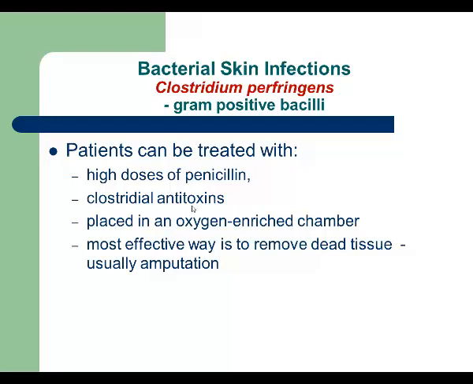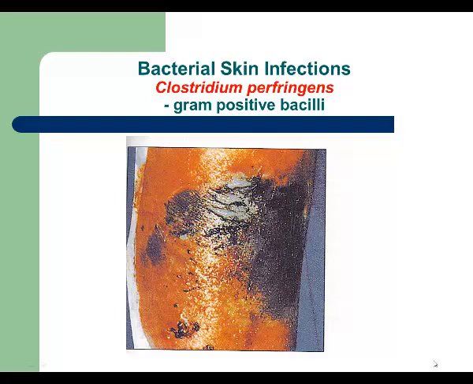But unfortunately, even with the best antibacterial treatment, amputation is the most effective treatment for gas gangrene. We have to remove all the tissues and stop the spread of the infection. Alright, on this picture you see a patient with gas gangrene.